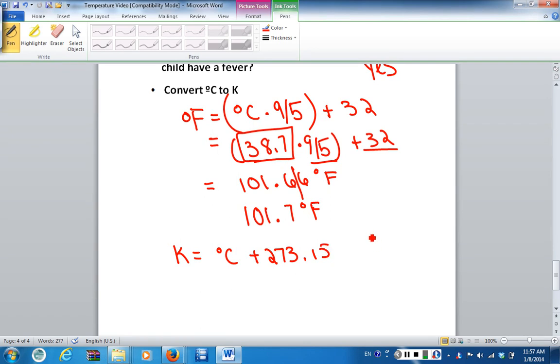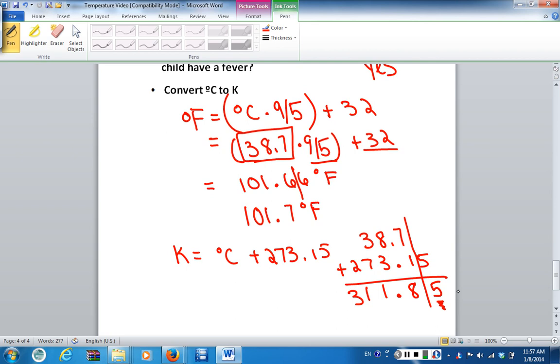So we would have 38.7 plus 273.15. We draw our line past the number with the fewest digits past the decimal place. We do our addition and we get 311.85. And since this is a 5, we know we would need to round up, so our final answer would be 311.9 K.